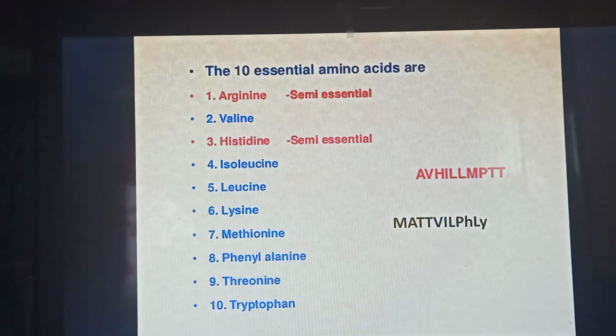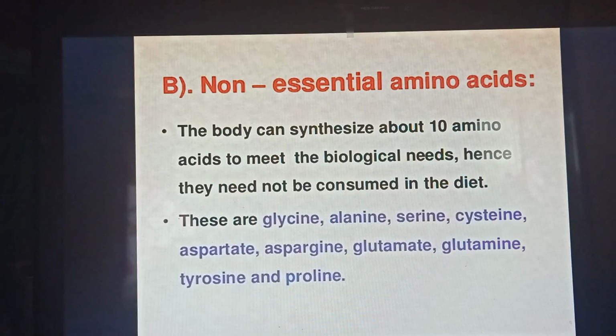Here L is for leucine and LY is for lysine. If you remember "mat will fly", it will help you remember the 10 essential amino acids.